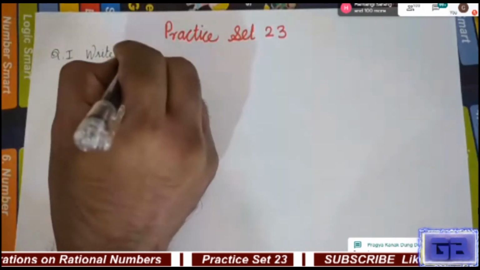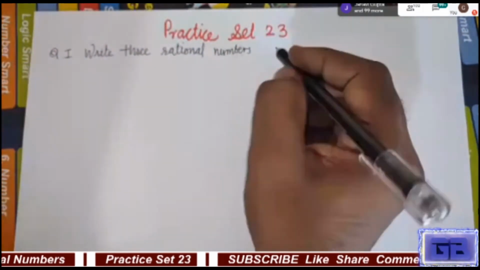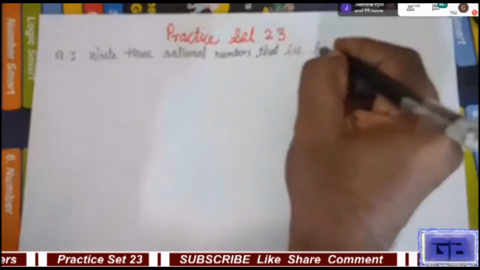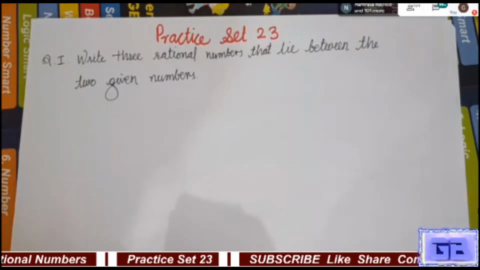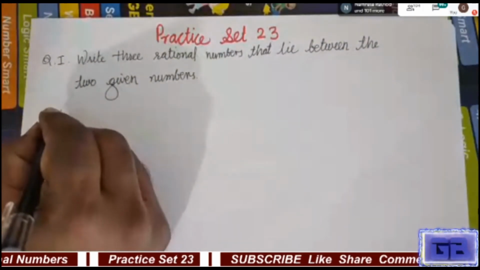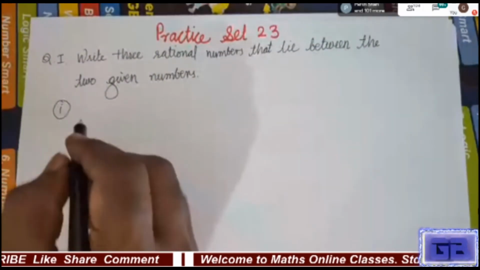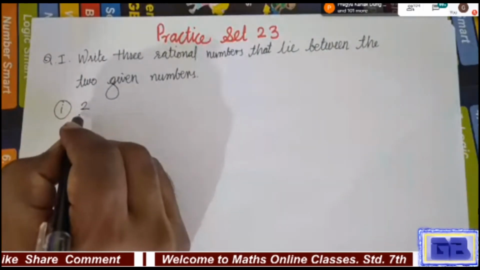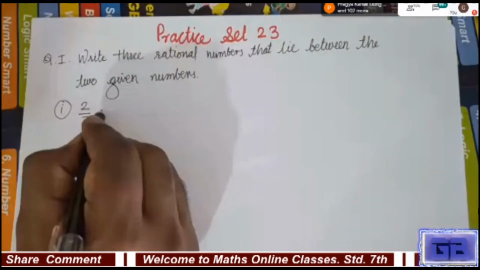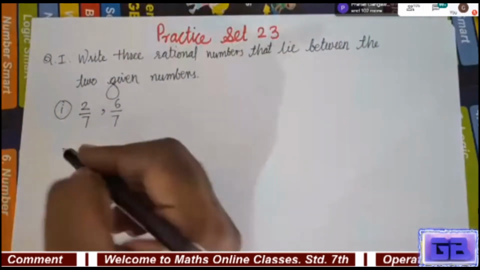Write 3 rational numbers that lie between the two given numbers. First one is 2 upon 7, comma 6 upon 7.